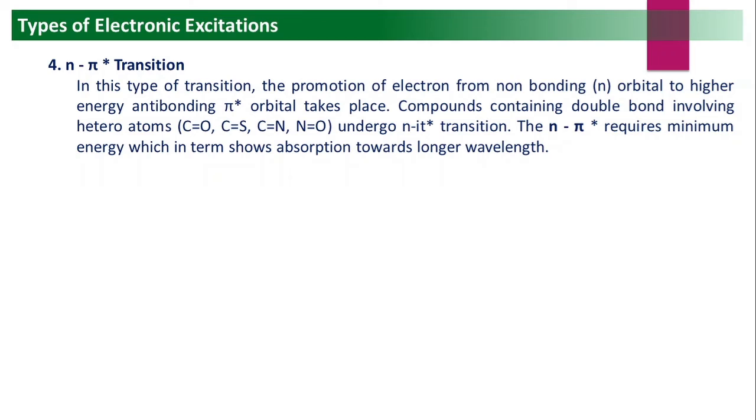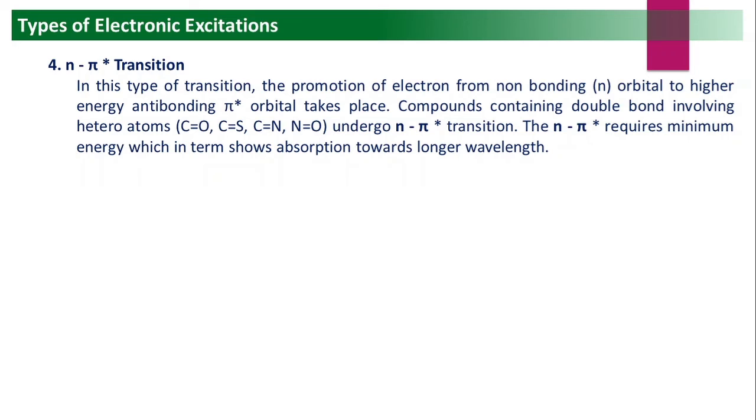Compounds containing a double bond involving heteroatoms like C double bond O, C double bond S, C double bond N, N double bond O have such bonds. Then there are non-bonding electrons because a heteroatom is there, so these compounds undergo n to pi star transitions.